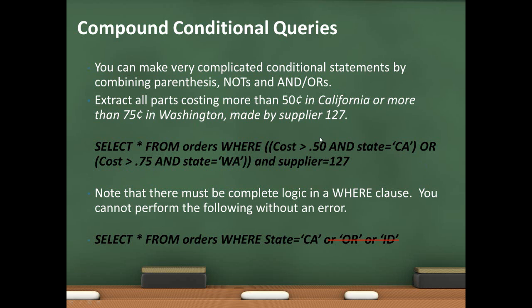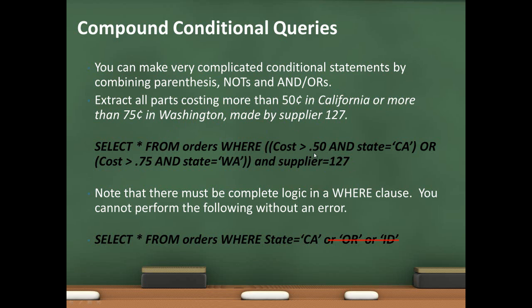So in this case, it's going to do the two ANDs here, and then when those answers come up, it's going to OR those answers together, and then at the very end, it's going to AND it with supplier 127. So how does this read? Extract all parts costing more than 50 cents in California or more than 75 cents in the state of Washington that were manufactured by supplier number 127.